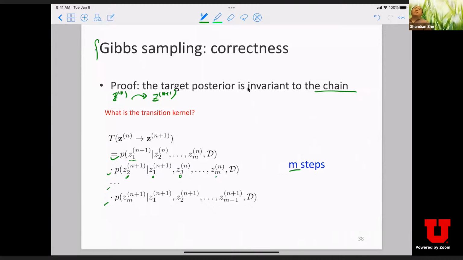We continue the product until the last one, where, conditional on all the new samples Z1 to Zm minus 1, you sample the new sample for Zm, which is Zm n plus 1. We're going to show that your target posterior is invariant to this transition kernel, which is a product of the m conditional probabilities.